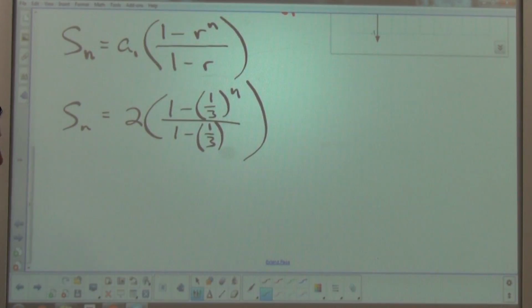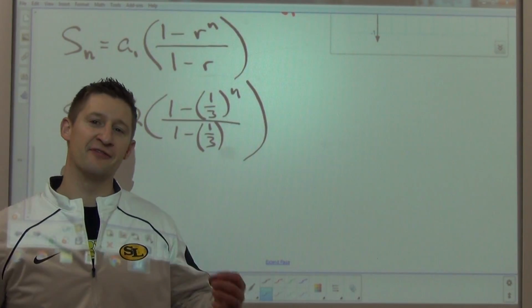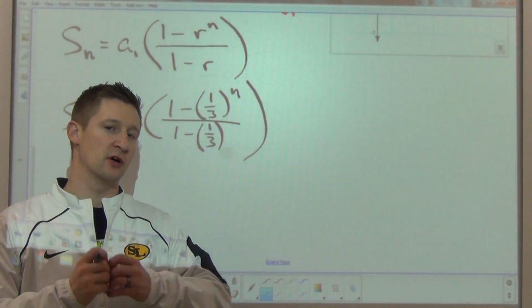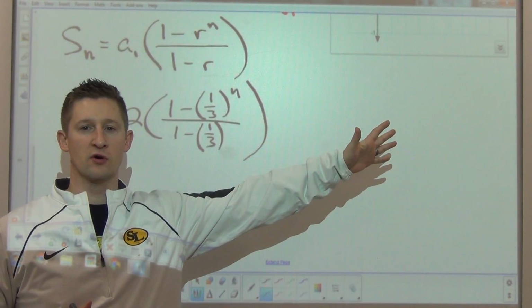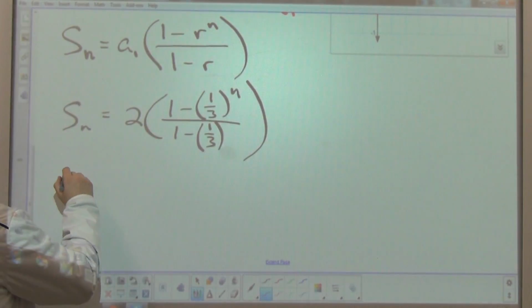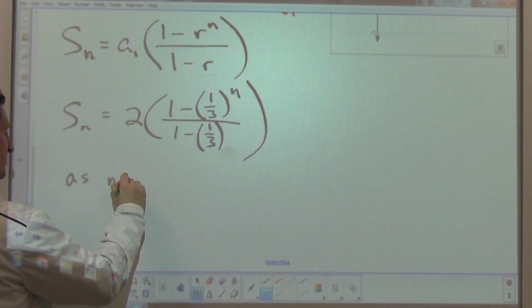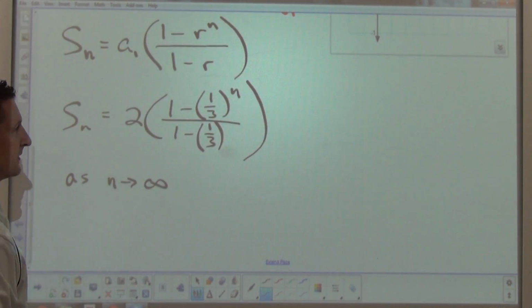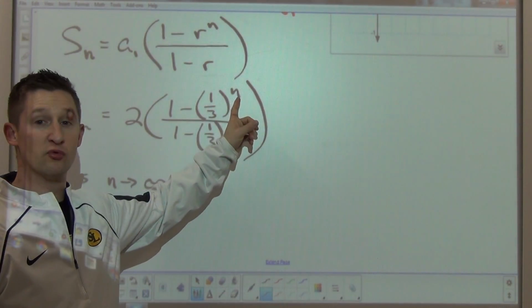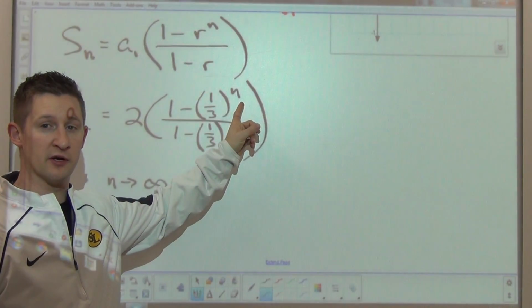Parentheses around that. I want you to think of this. If this is an infinite geometric series, the number of terms goes on forever and ever. So n approaches infinity. As n approaches infinity, you plug in a really, really big number for this expression right here.